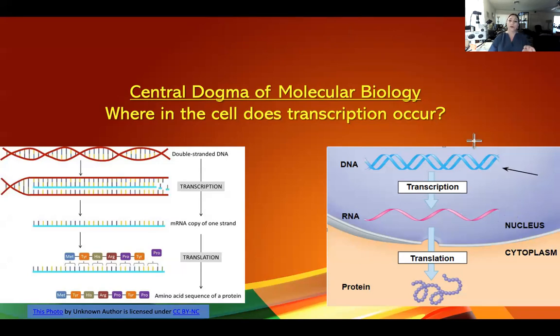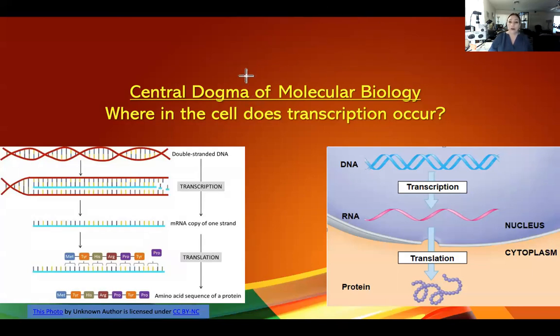Transcription occurs and RNA processing, and now you have messenger RNA. Messenger RNA is then ready to leave the nucleus and enter the cytoplasm for translation, which is the next lecture video.